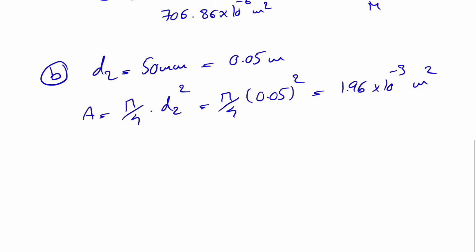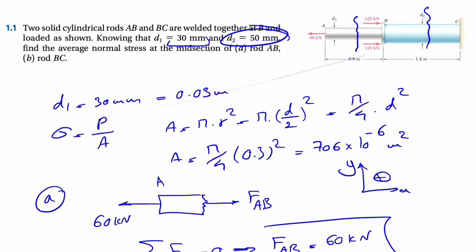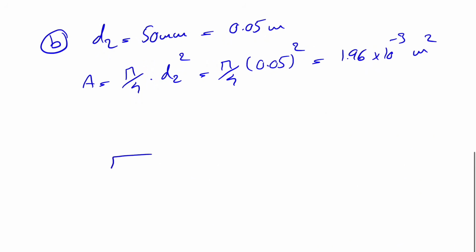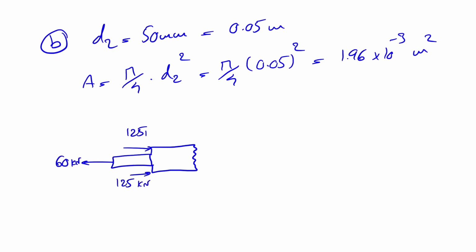Okay, so this will be our second midsection, with this part attached here and these forces here. We have 60 kilonewtons here and 125 here, both in kilonewtons. Let's consider this our FBC.